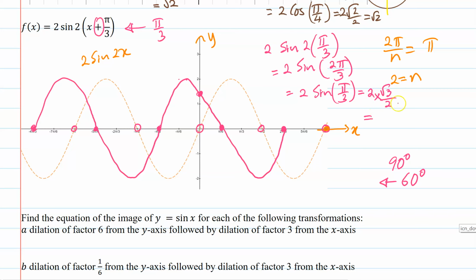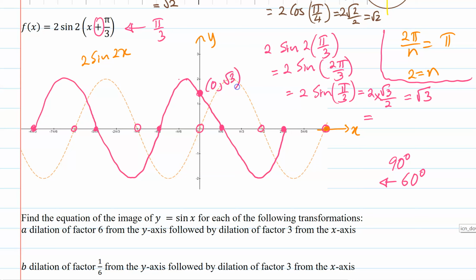When the 2 cancels, I should move this one a bit to the right. Okay, nice. That's good. Sort of a magic here, isn't it? All right, root 3. Therefore, I get the height here as root 3. So it should be (0, root 3). Roughly about, this is a rough sketch anyway. That's roughly about 1.732. That's pretty good, isn't it? Okay, there you go, 1.732, which is root 3.